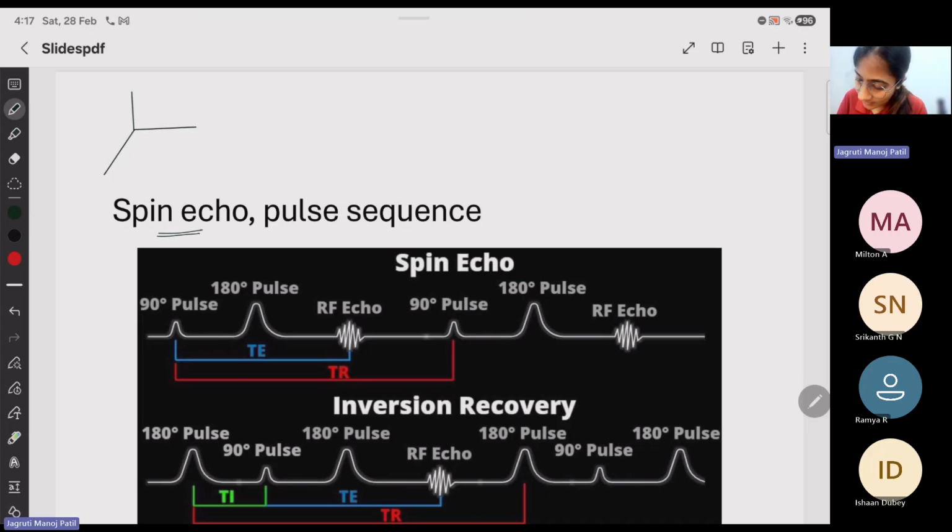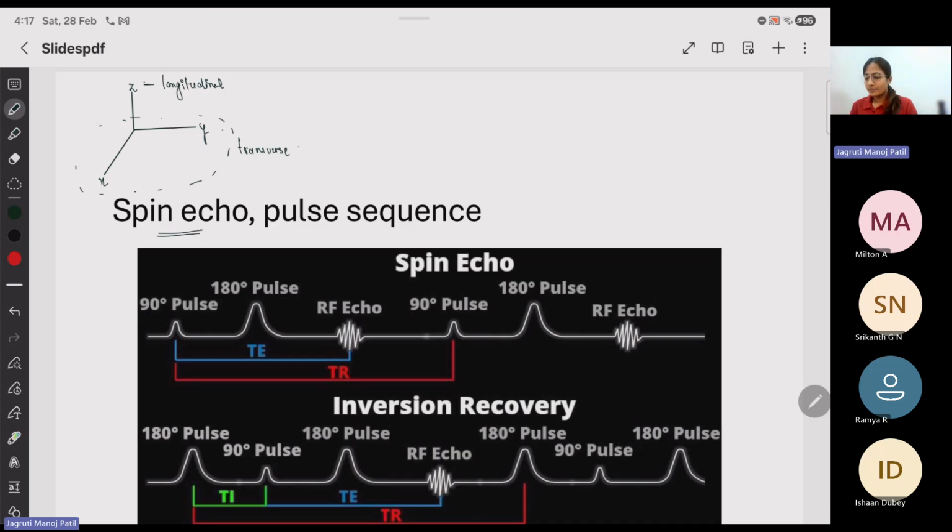I have something like this. You can consider this as my XY plane, and this is my Z axis. This particular axis is my longitudinal direction, and this entire XY plane is my transverse plane.